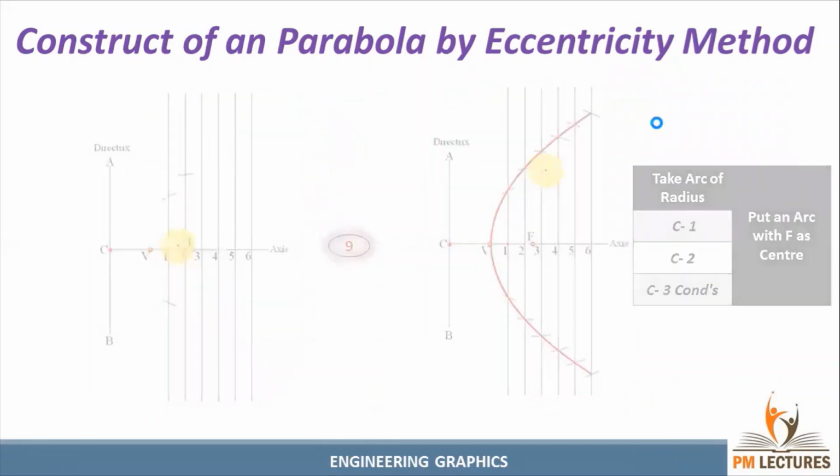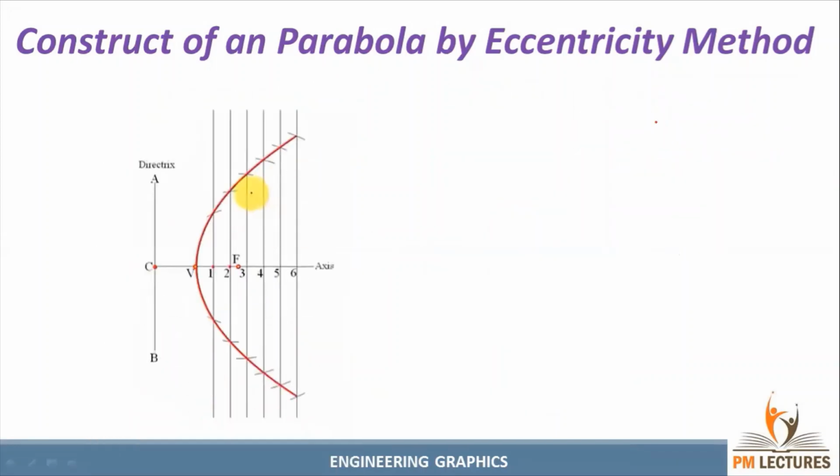After that, take a compass. If any condition is given in the question for drawing the tangent and normal, you can follow that. Otherwise, from the focus point, mark a point anywhere on the curve and give the name P. Join the focus and P with a line.